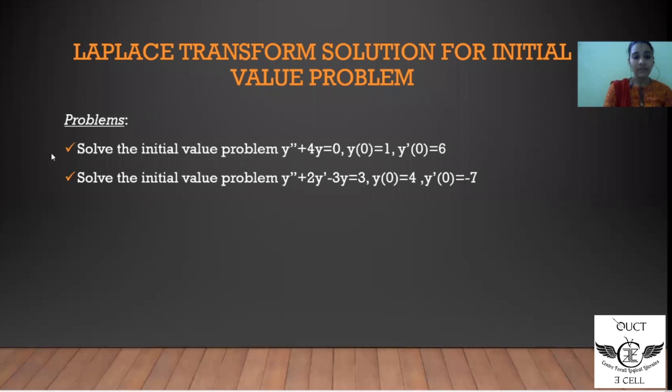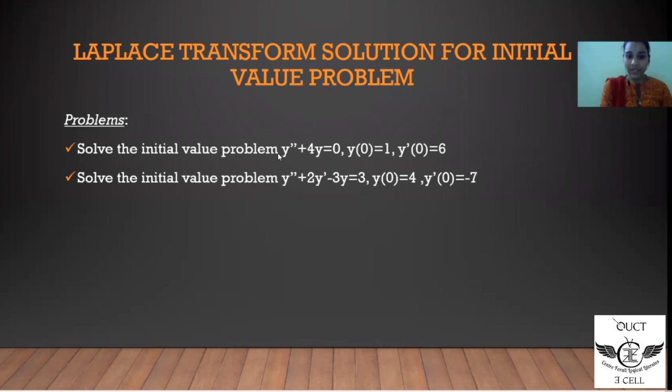Now, these are a few problems related to initial value problems. Solve the initial value problem y double dash plus 4y is equal to 0, given that y of 0 is equal to 1, y dash of 0 is equal to 6. These kinds of problems we solve just by applying the Laplace transform.